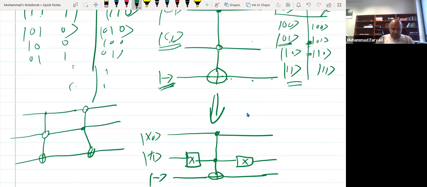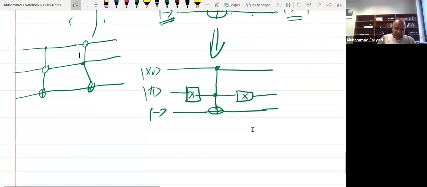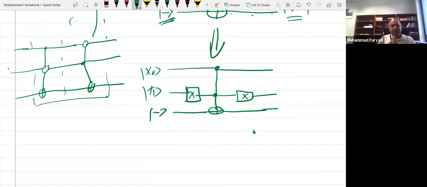So if I put these two in series, so the input is coming from here, this will do its job for one of the input combinations, and this will do its job for the other combination.